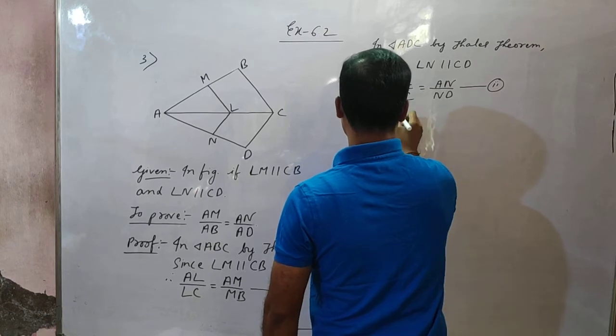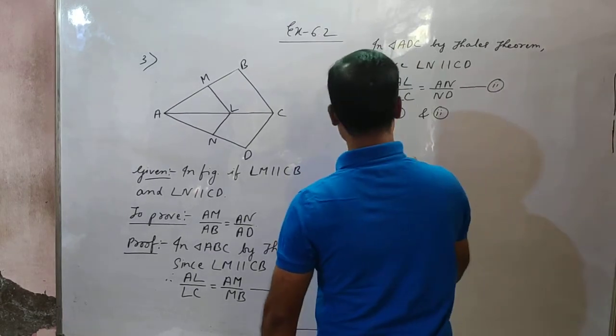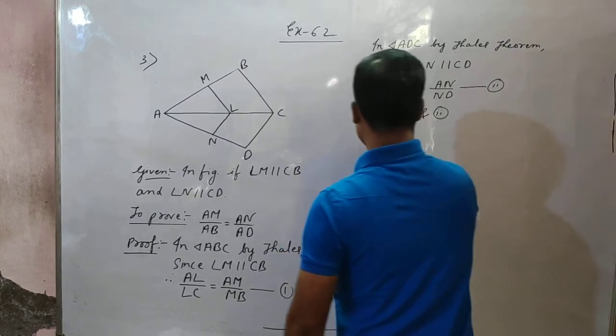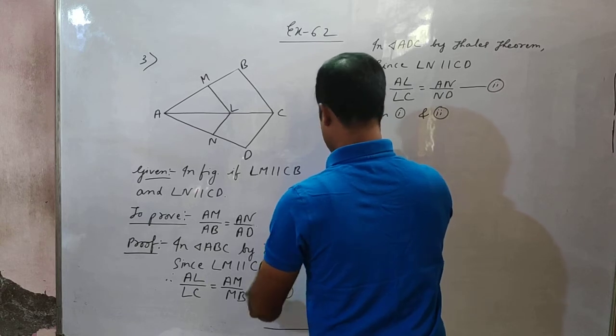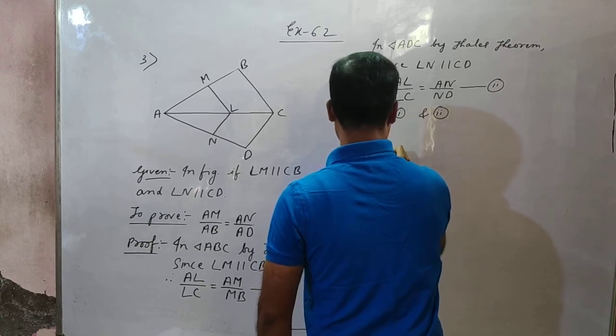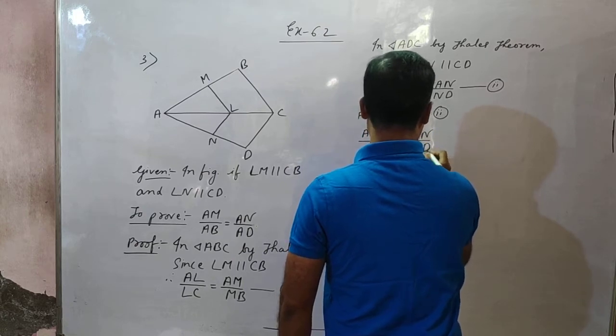From 1 and 2, students, from 1 and 2 we will get AM by MB is equal to AN by ND.